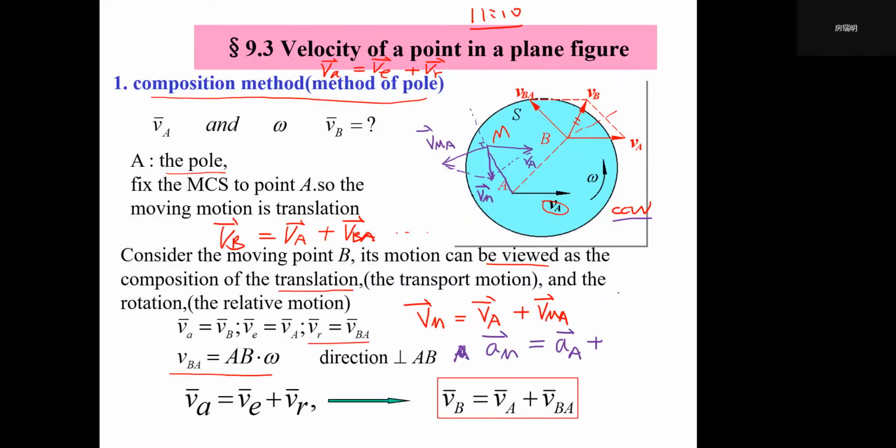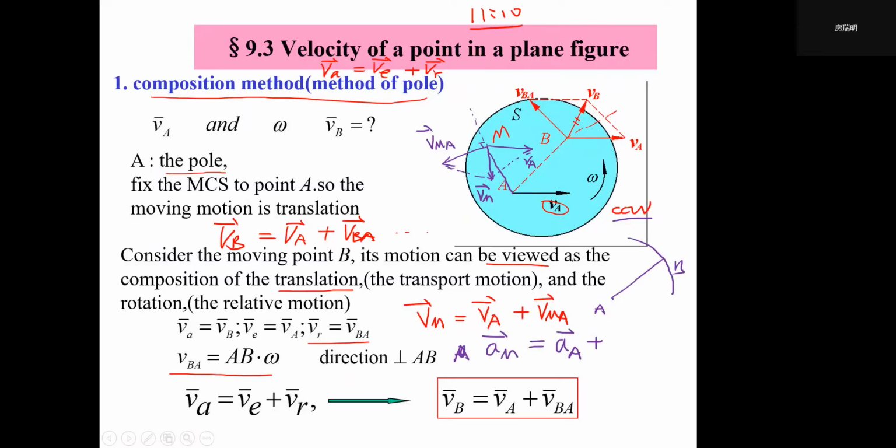Actually, imagine you are sitting on point A, right? You'll find point B has rotational movement along the CCW, round a circular path or trajectory.